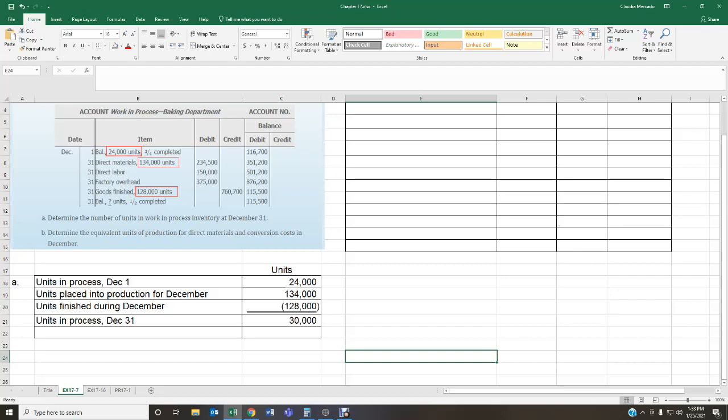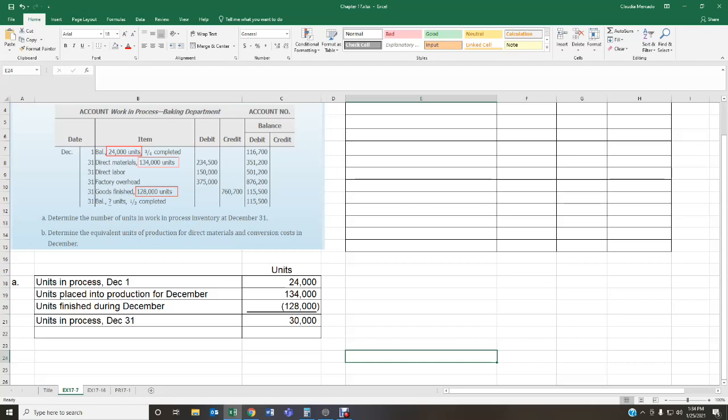So that means that you have 30,000 units remaining from what you put in production in December that have not been completed. Now remember, this is a flow. You will always finish the beginning balance first before you finish what you start in production. So you always have to finish what you started with your oldest, and then move forward to the newest. Okay. So these 30,000 units are from the batch from December that you started but you did not complete.